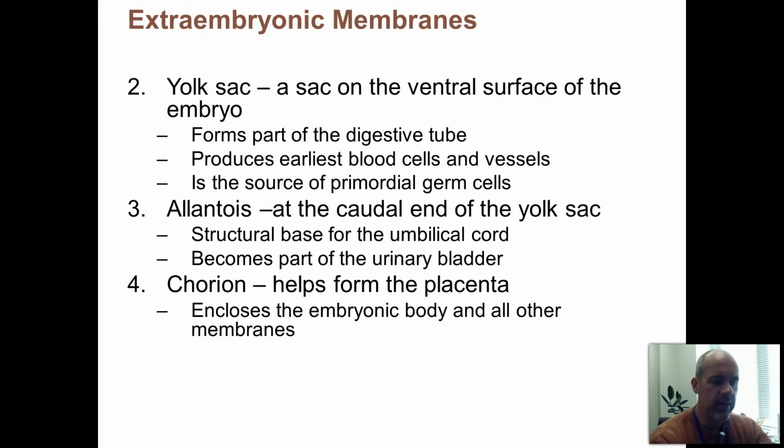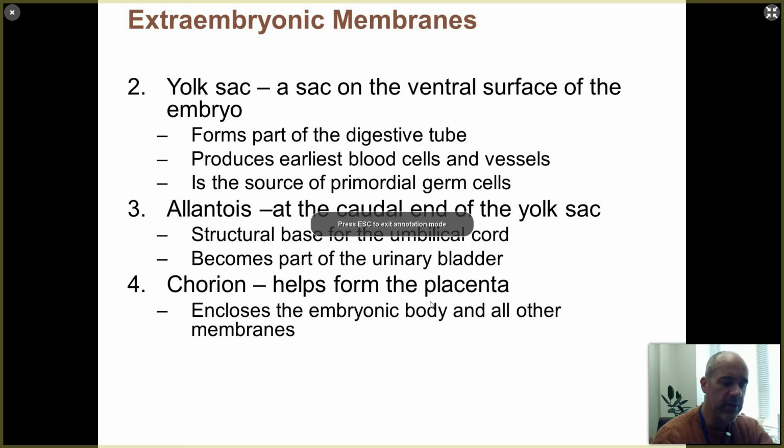All right, another extra embryonic membrane is called the yolk sac, and it does kind of look like an egg yolk for a while. Interestingly, if you look at the early stage embryo of something like a chicken or a lizard inside an egg versus the early stages of an embryo in a human or another type of mammal, there are a lot of similarities. Very similar structures exist in all land animals.